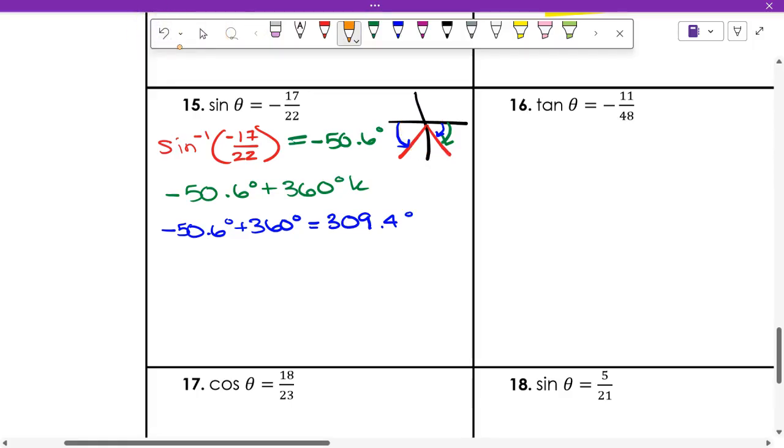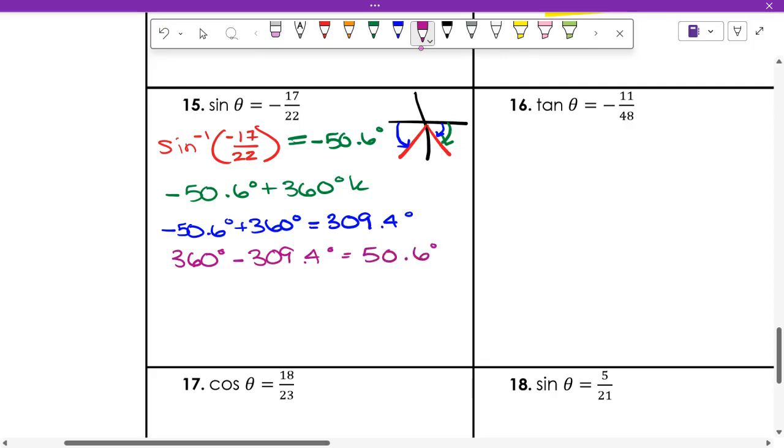Again, I'm reiterating, I don't need to, but some of you need to because you don't understand what you're doing. So this 309.4 degrees is that whole angle. Well, what is the reference angle of an angle measure of 309.4? Remember, if it's in the fourth quadrant, we go 360 degrees minus the angle measure, so 309.4 degrees. Well, that's going to come back and go 50.6 degrees.